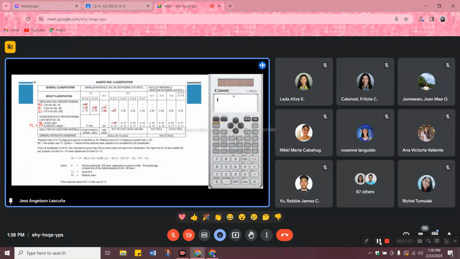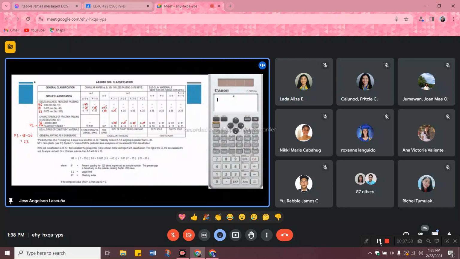So let's check. But what's given is the plasticity limit, not the plasticity index, so you need to solve for PI first. PI is equal to 48 minus 26, which is 22.